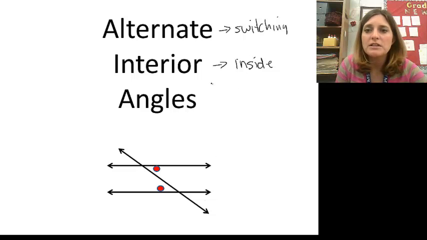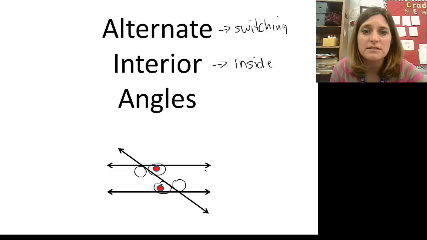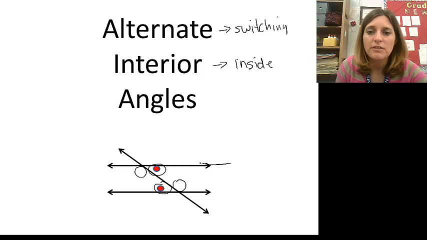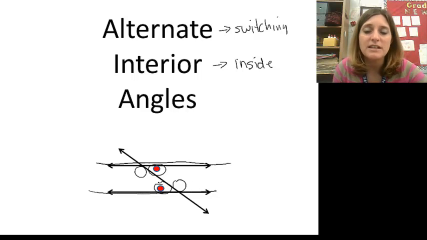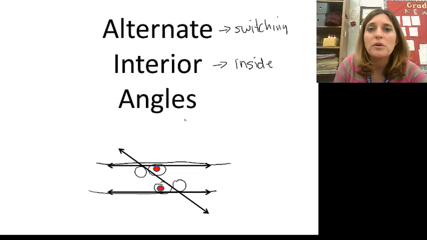When we're going to do the interior, you're looking at the four angles inside of the parallel lines. Okay? So you see how these are the parallel lines. If I kind of write on them, there's four angles inside of there. Now, the ones that are the same are the ones that are alternate. And so I'm saying like switching over or crossing over the transversal.